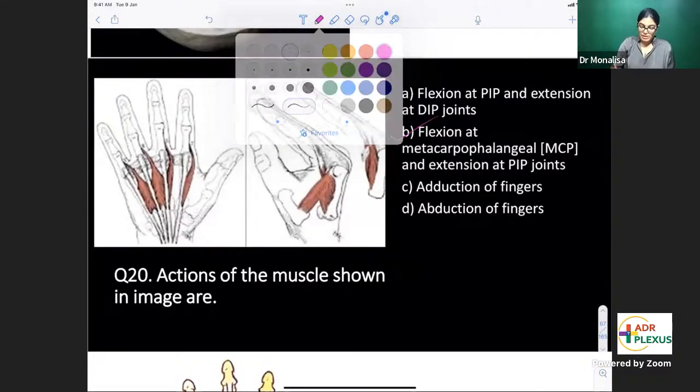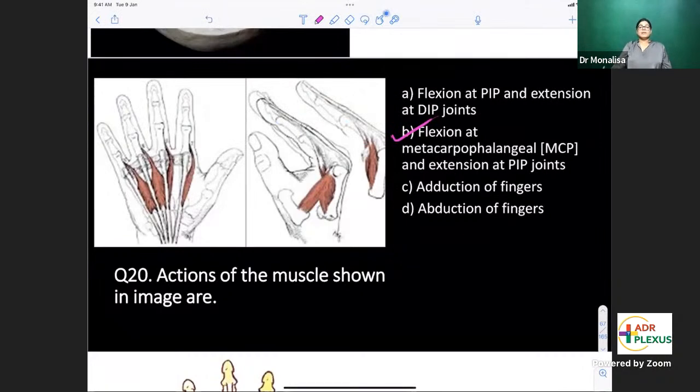These are the four lumbrical muscles, which originate from the tendons of FDP. What is FDP? Yes, dear Dr. Deepsha, you are absolutely right. The lumbrical muscle originates from the tendons of FDP, flexor digitorum profundus, and it is causing flexion of the metacarpophalangeal joint and extension at the proximal interphalangeal joint.